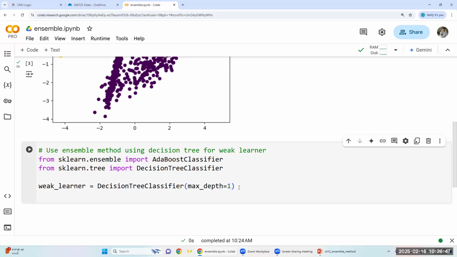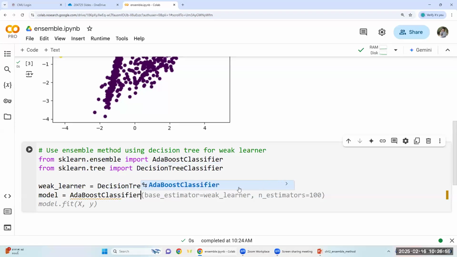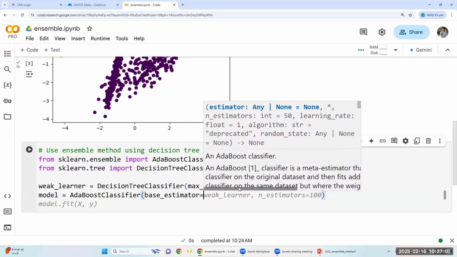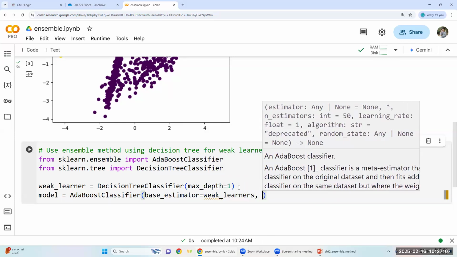And then we can have the model equal to the AdaBoost classifier, right? And then we have the base estimator. So you send in the weak learner to the base estimator, to be the member of the ensemble.